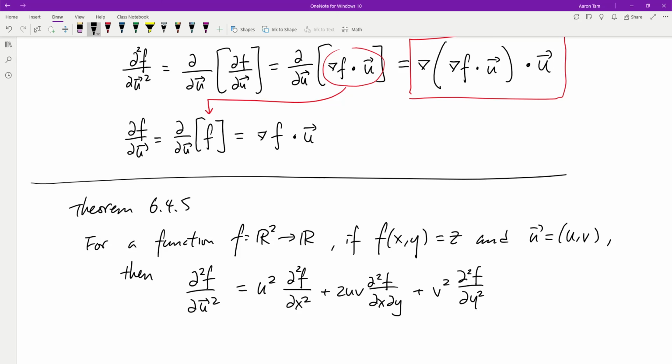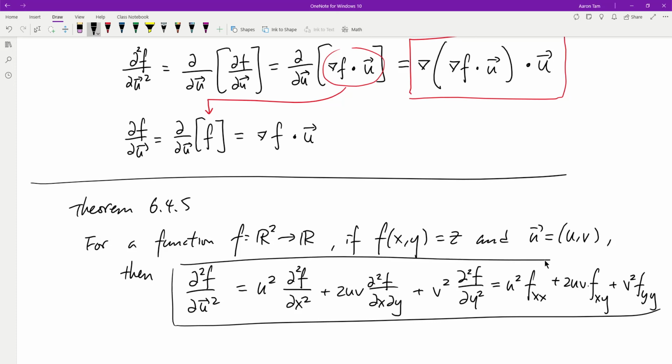Sometimes you see this written this way: u squared fxx plus 2uv fxy plus v squared fyy. So this gives us a way to define the second directional derivative in the direction of u for a function that goes from R2 to R.